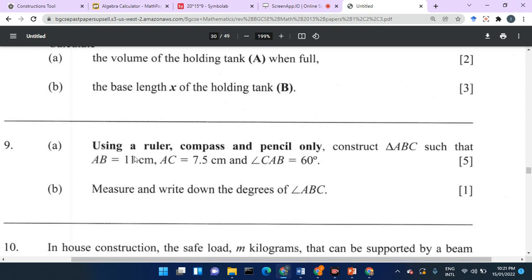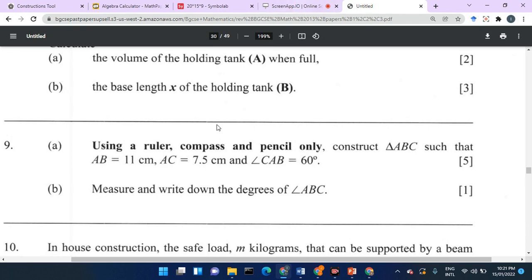Now, we also know that the line segment AC equals 7.5 centimeters. It says AC, so that means we must start at the point A and end at another point called C, and that must equal 7.5 centimeters.